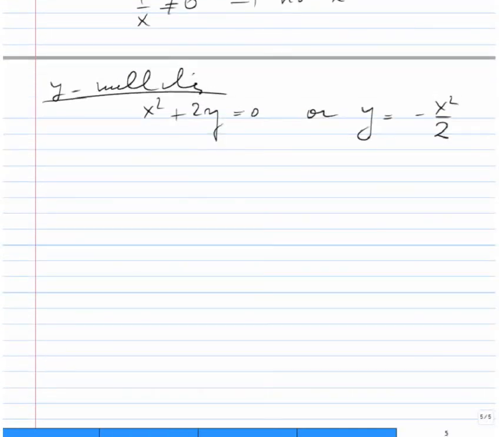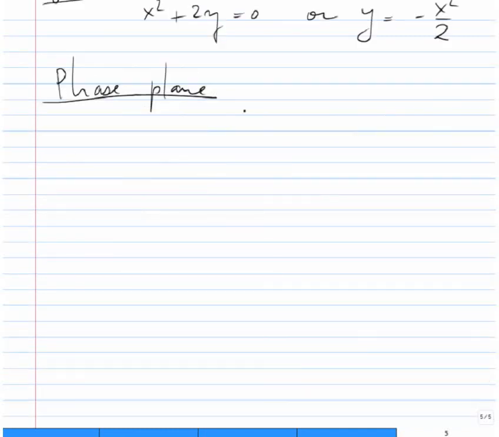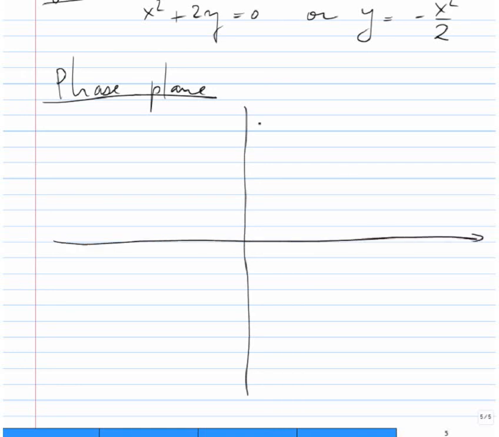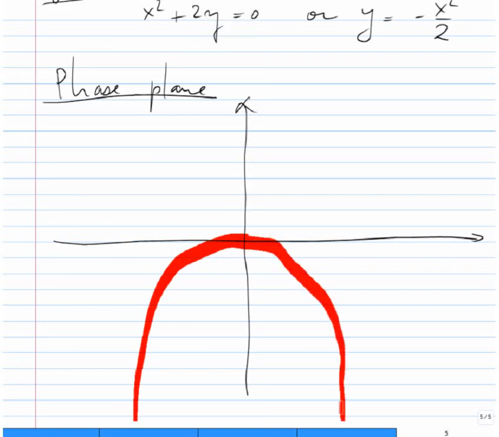So if we want to graph it on the phase plane, we graph the parabola minus x squared over 2, the y nullcline.